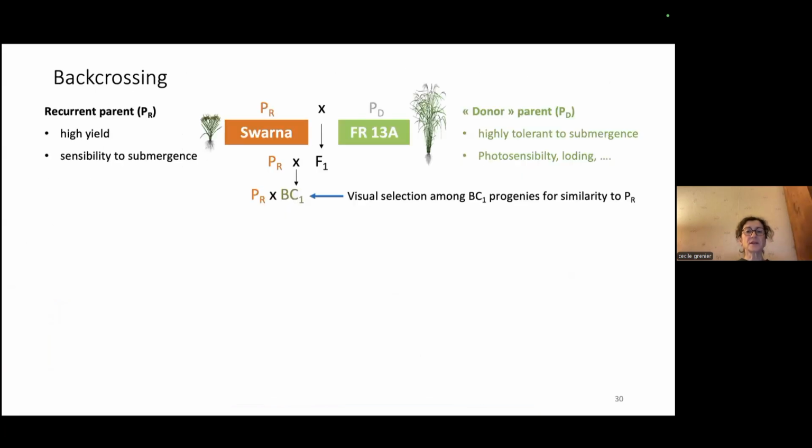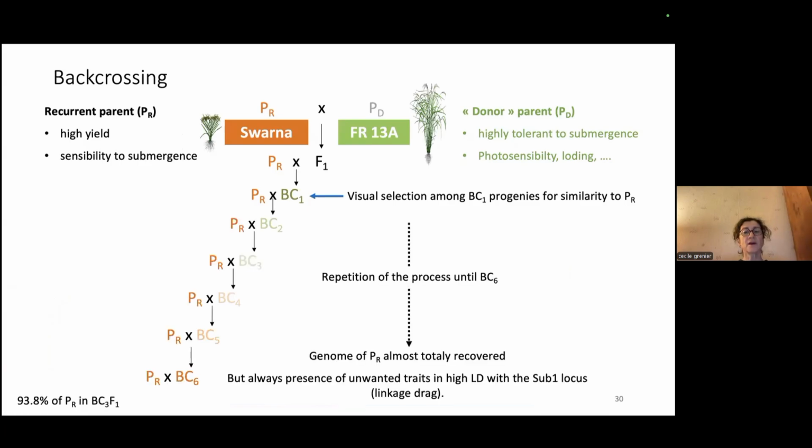Backcrossing is when you have a recurrent parent like Swarna, which is susceptible to submergence but a very good material, and you have a donor that is not necessarily good looking but has a high tolerance to submergence. You develop the F1, the hybrid plant, and then you backcross to the recurrent parent to get a visual stature close to Swarna, which is the germplasm that you want to have in the field, but with the trait of interest of the donor parent.